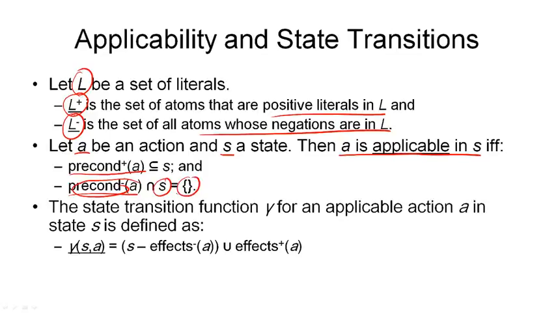In other words, there cannot be a negative precondition that is also true in the state. A is applicable in S if all the positive preconditions hold in S and none of the negative preconditions hold in S.